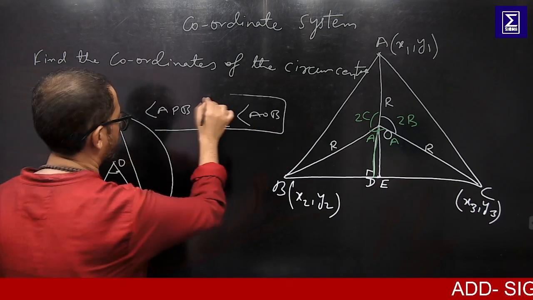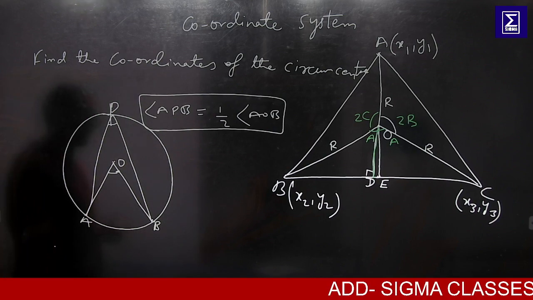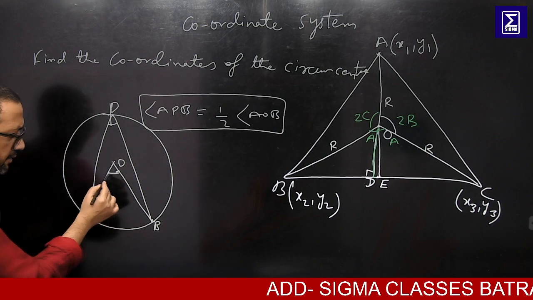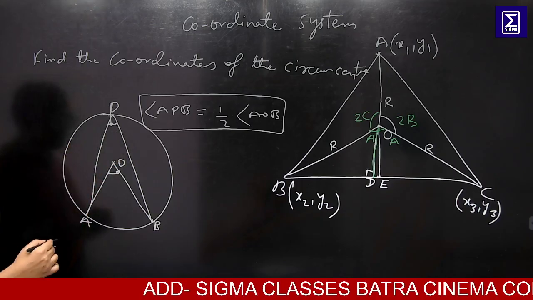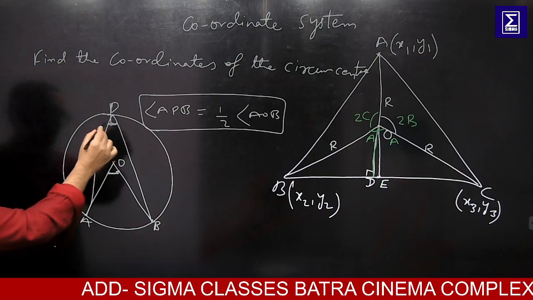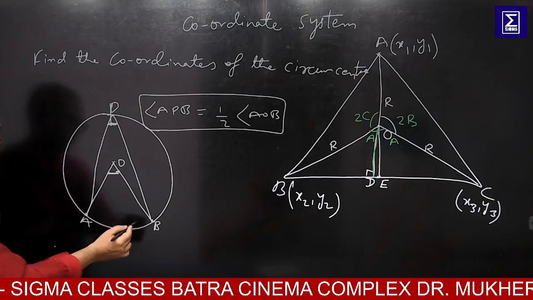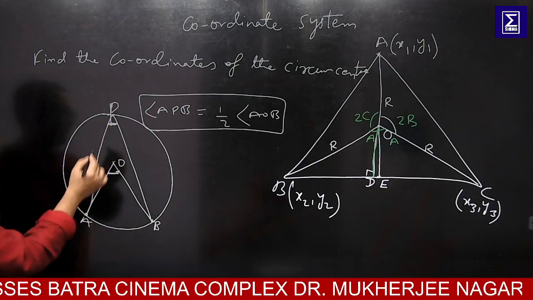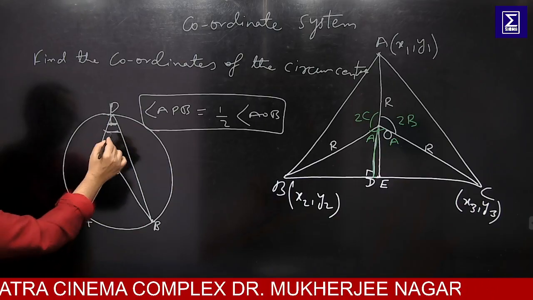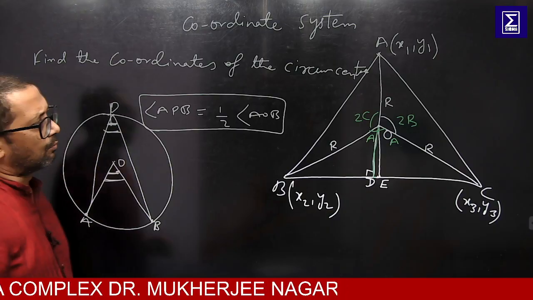This is the basic Euclidean geometry theorem that you must have done in 10th grade. The angle made at the center is double the angle made at the circle, using the same arc. If the end points A and B are joined at P, then this angle is half of the angle made at the center. This is the rule.